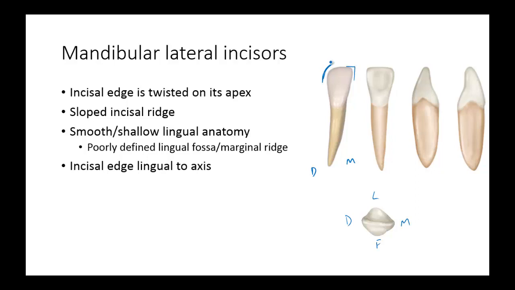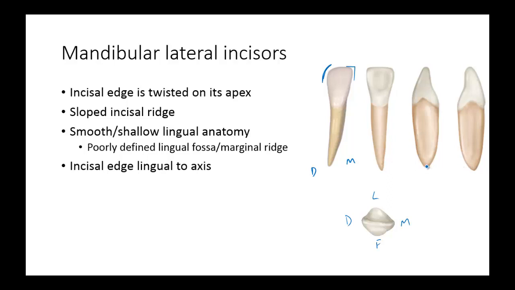In terms of the lingual anatomy, out of all the anterior teeth, it's going to have the least defined lingual anatomy, and that's because you have a much shallower lingual fossa. You have less curvature here, and what that means is it's much harder to figure out where exactly the mesial marginal ridge starts and where the distal marginal ridge is. And the incisal edge is lingual to the axis.